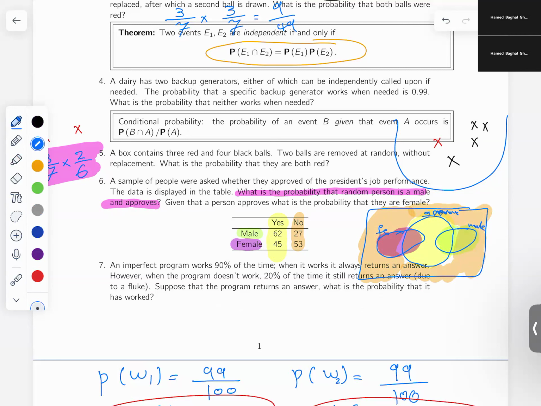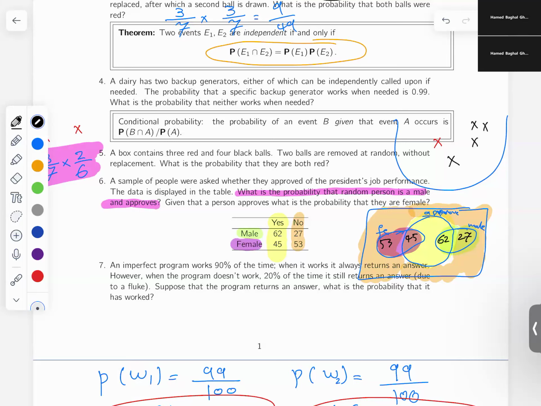Male. Yeah. So male and approver is 62. Male and not approve is 27. Female and approver 45. Not approve 53.